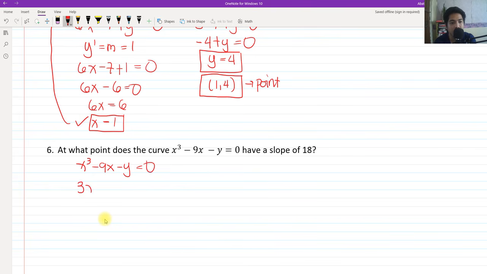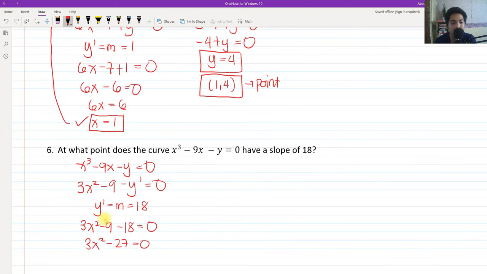So differentiate: we have 3x squared minus 9 minus y prime equals 0. We know that y prime equals the slope, and the slope that is given is 18. So we have 3x squared minus 9 minus 18 equals 0. So 3x squared minus 27 equals 0.